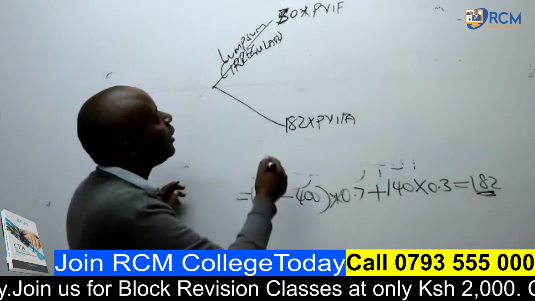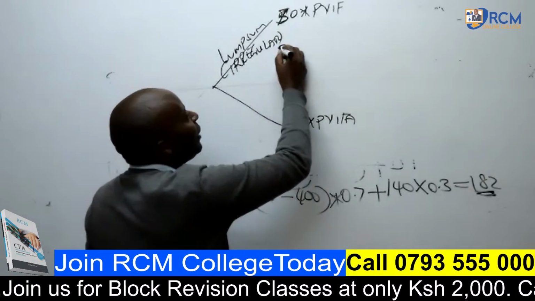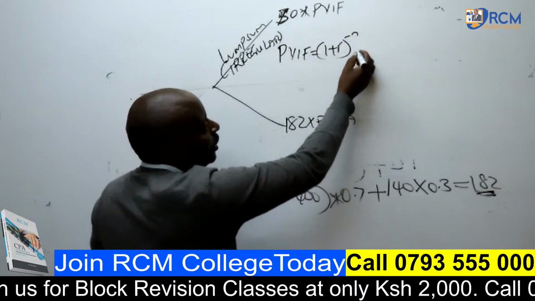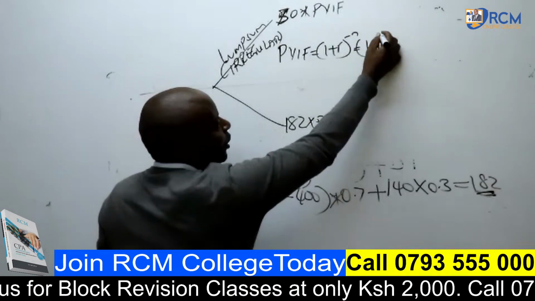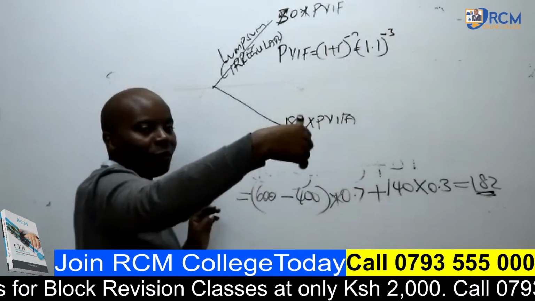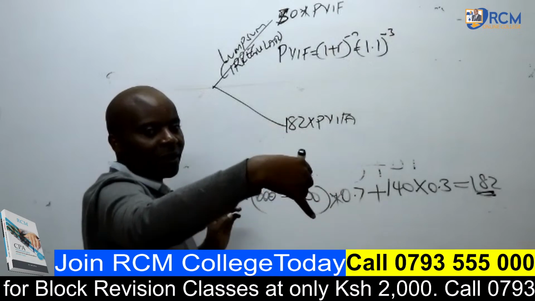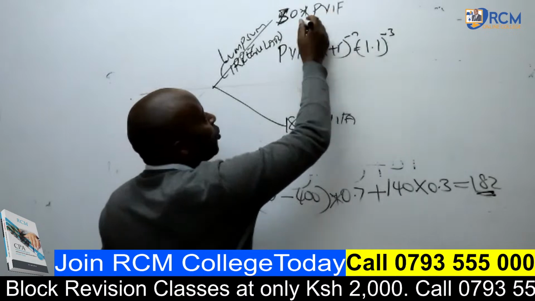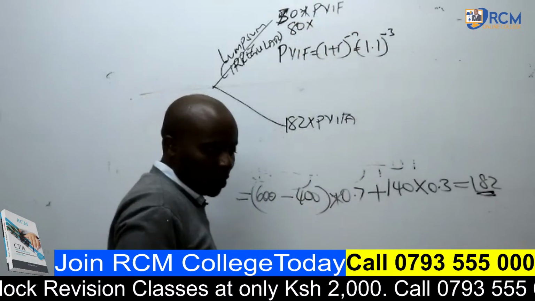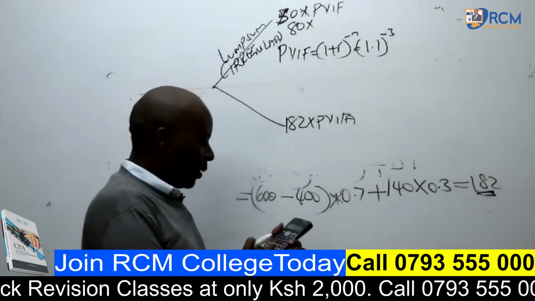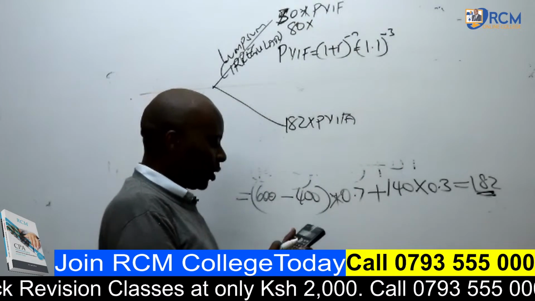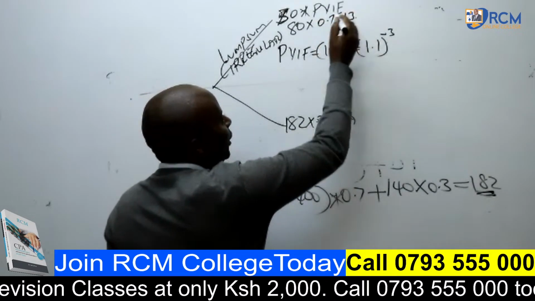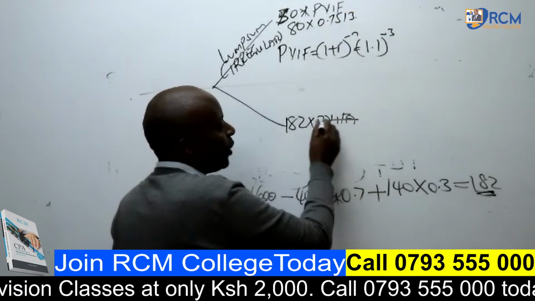And the formula of PV is 1 plus R raised to negative n. So this one here will be 1.1 raised to negative 3. It's coming to us at the end of the third year. So I need to take 80 times 1.1 raised to negative 3, which will give us 0.7513. And of course, the other one we had already gotten.